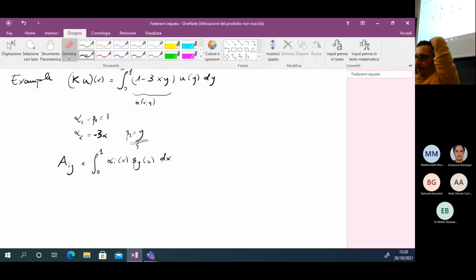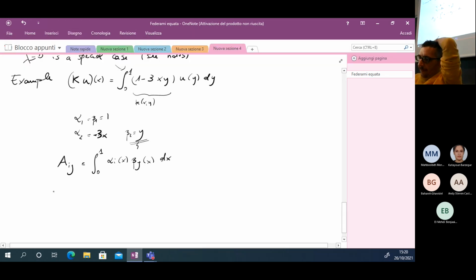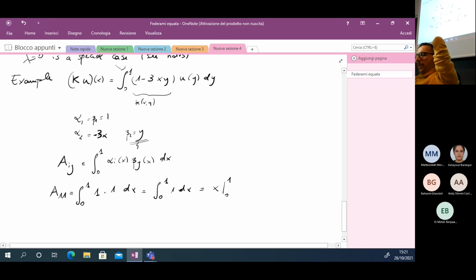So let's evaluate this thing. I will have a11. Who is a11? It is the integral between 0 and 1 of alpha 1, which is 1, times beta 1, which is 1, in the x. So this is the integral between 0 and 1 of 1 in the x, and this is x between 0 and 1, which is 1.